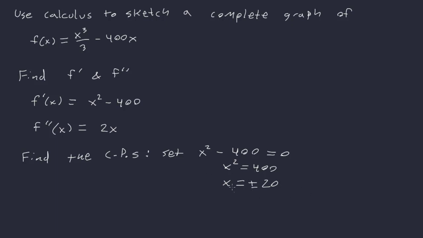Now, here's what I was talking about in the last lesson: since we already have to find the second derivative anyway, we might as well use the second derivative test. So we found the critical points, and now I'm going to use the second derivative test to analyze these.